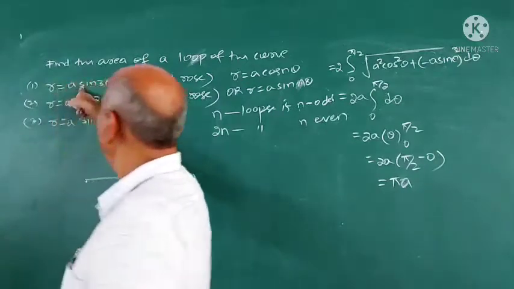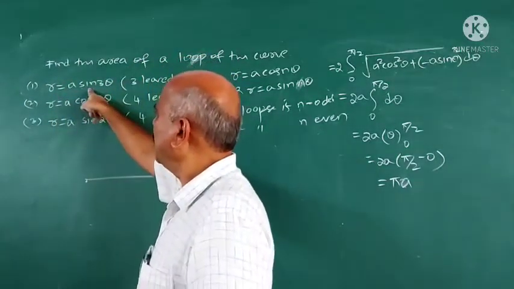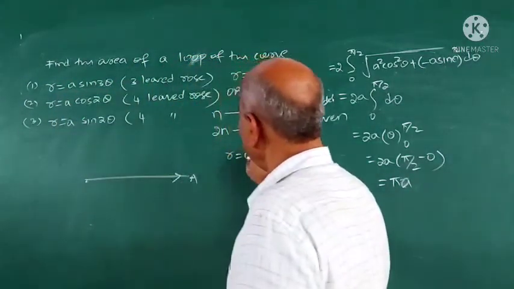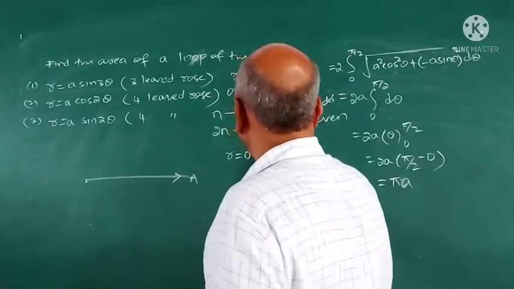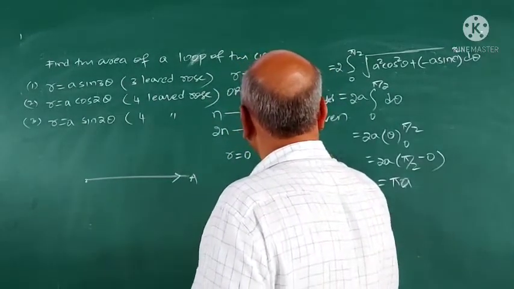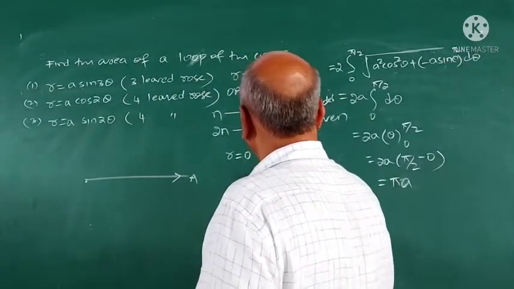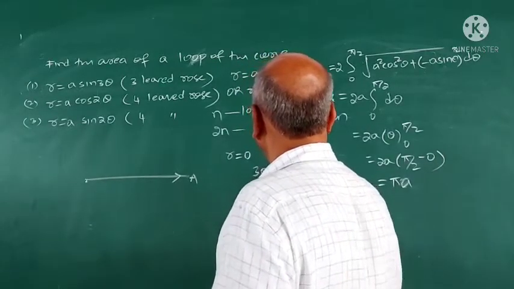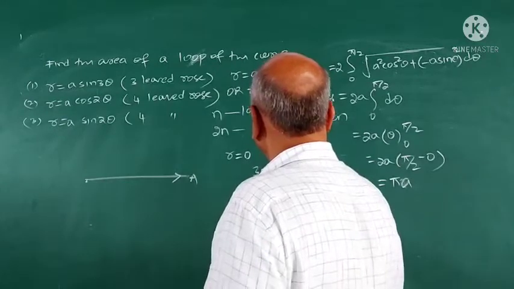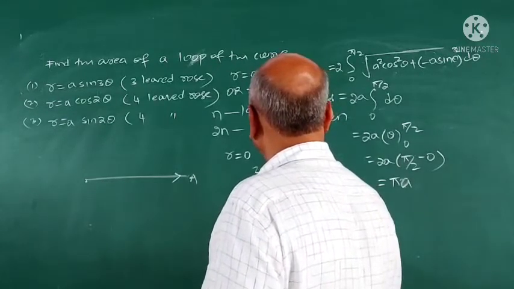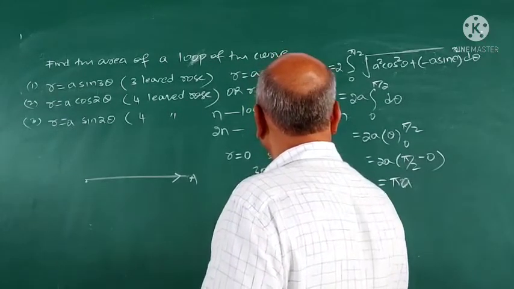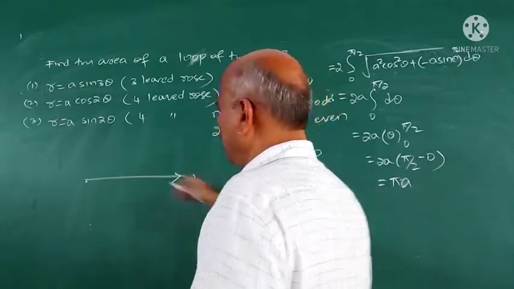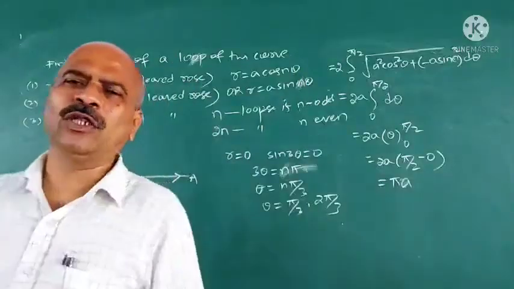Now take the first one. I take r is 0. r is 0 gives sin 3 theta is 0. Therefore 3 theta is 0 or pi, or I take 3 theta is n pi. So theta is n pi by 3. So theta is pi by 3, 2 pi by 3. We require only values between 0 and 2 pi.